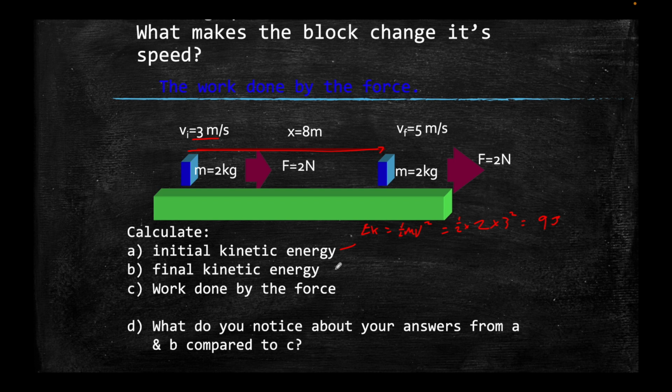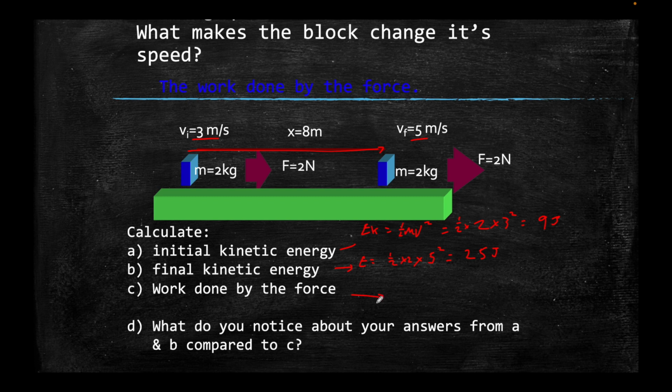Amazing. Final kinetic energy, we will do Ek equals a half mv squared, but I'm going to do a half times 2, which is 1, multiplied by 5 squared. 5 squared, so that becomes 1 times 25. So we have 25 joules.